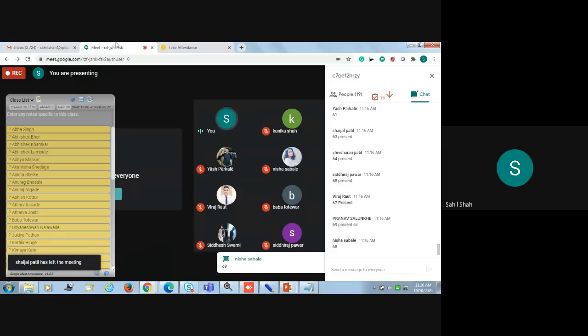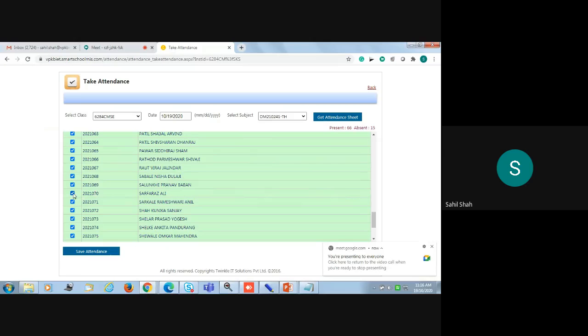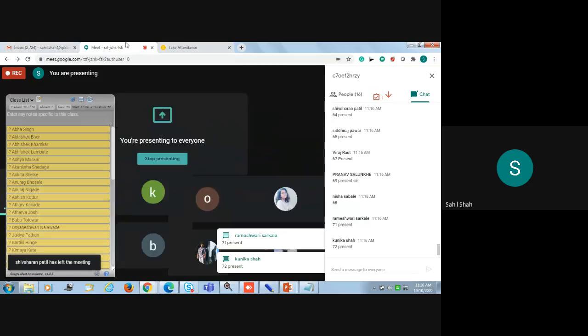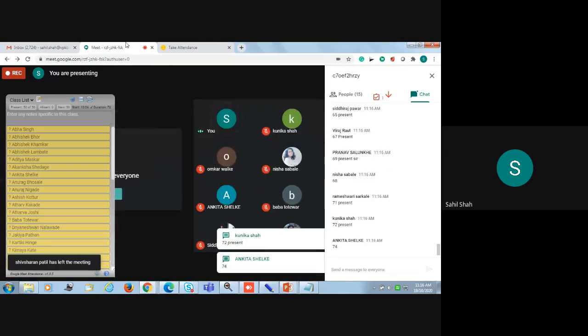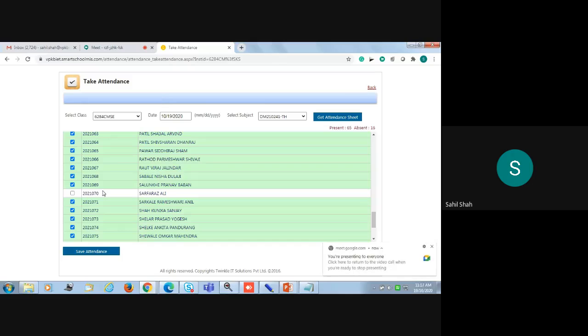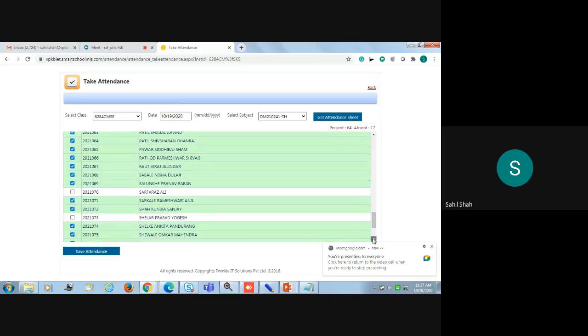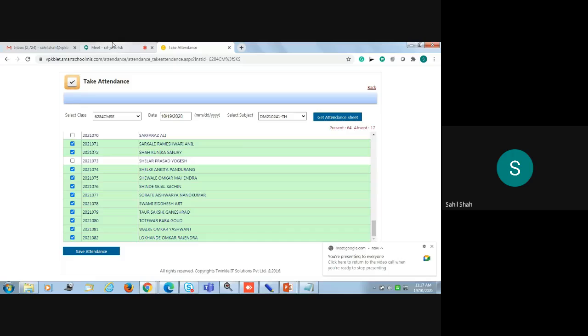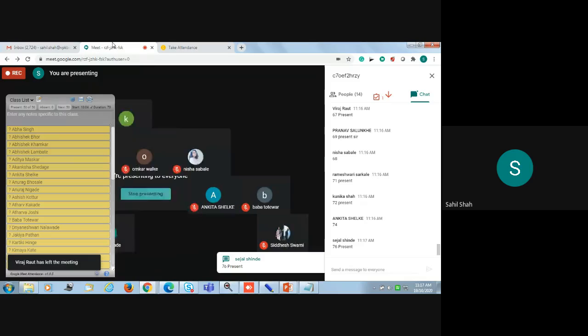Okay, 69 present. Pranav Salunke is present. Good. 70 is absent. Sarkale Rameshwari. 71, 72, 73, 74, 75. 72 is present, 71 is present. 73. No. Okay. 75, 76, 77, 78. 76 is present.